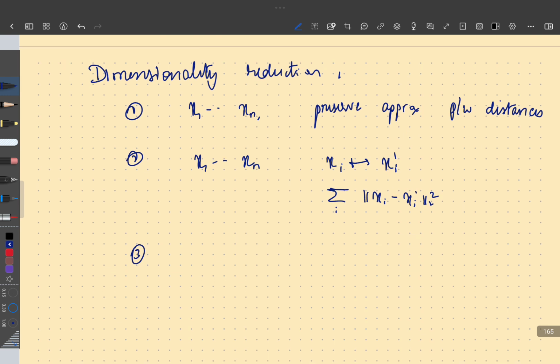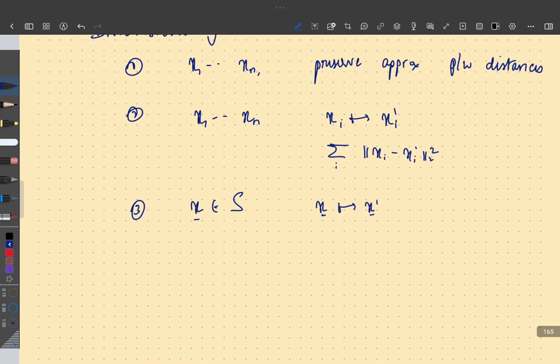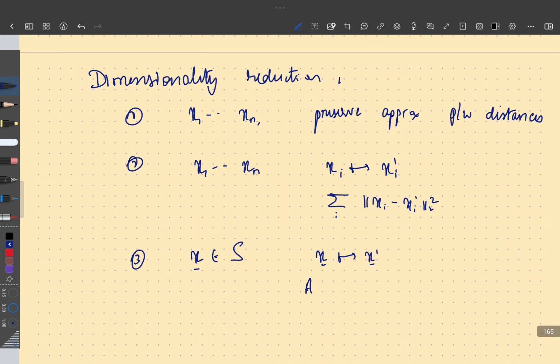There's another approach where you assume that you already know something about the data. You know something about the structure of the data, and you still want to bring it down. So we'll assume that X belongs to some set S where this set is known to us, and we want to again reduce the dimension such that we can at least approximately recover X from X prime.